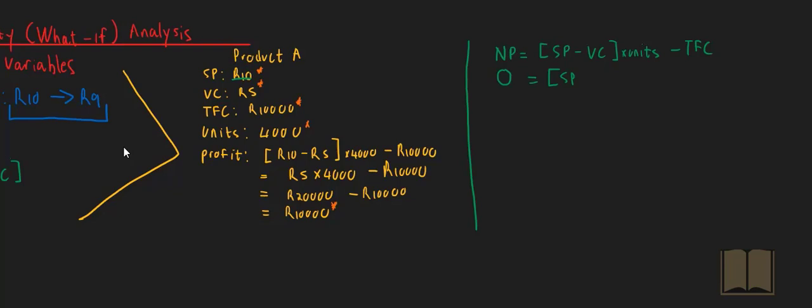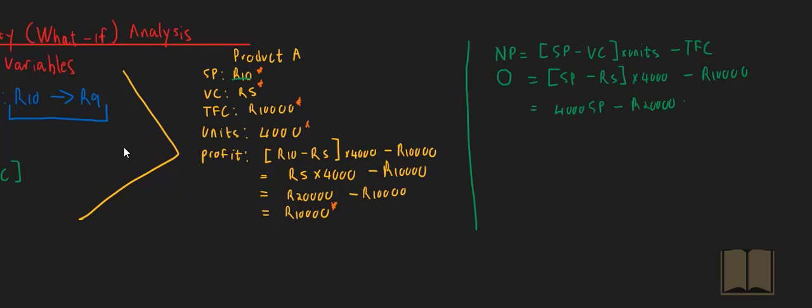So your variable cost per unit is 5 Rand. The number of units stays the same at 4,000. The total fixed cost stays the same at 10,000 Rand. So 4,000 times P minus your 5 Rand times 4,000 gives you 20,000.